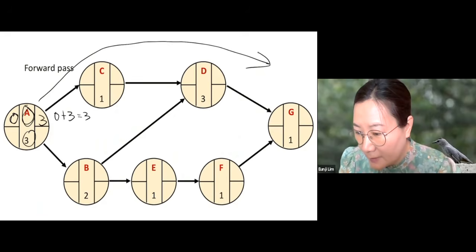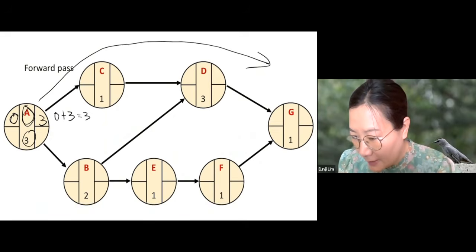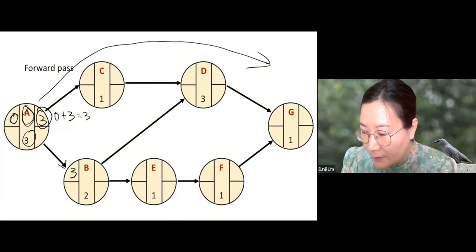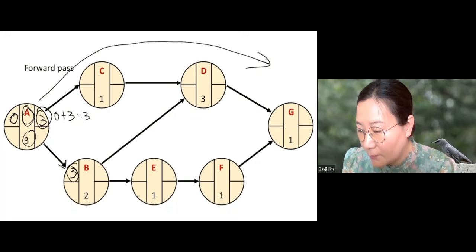Let's go to B. When is the earliest start time of B? We can start B as soon as A is over, and A is done at 3, so we can start working on B at time 3. Now, when is the earliest finish time of B? If you start working on B at time 3, the duration of B is 2, so you can finish it by 5.